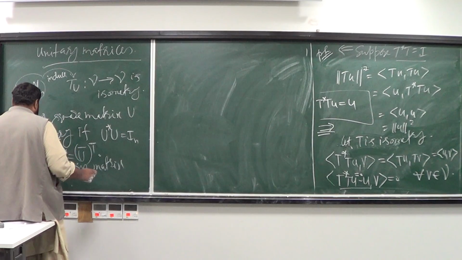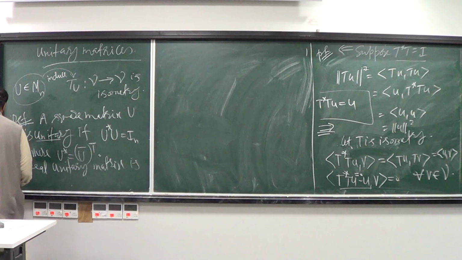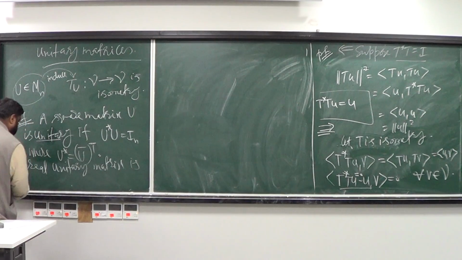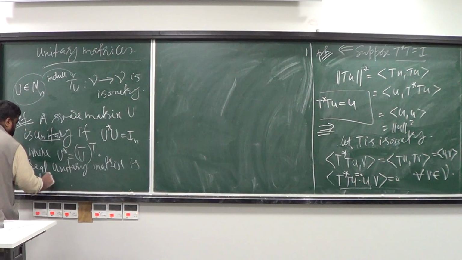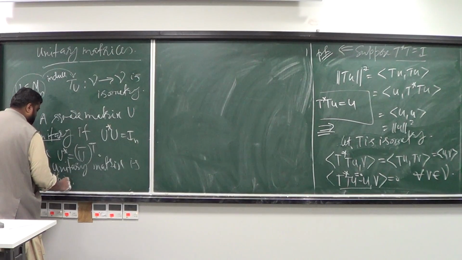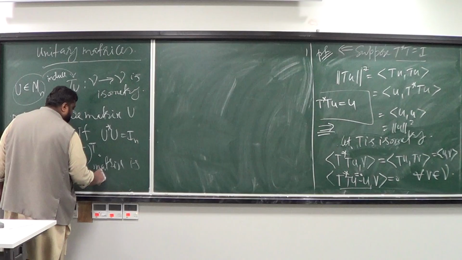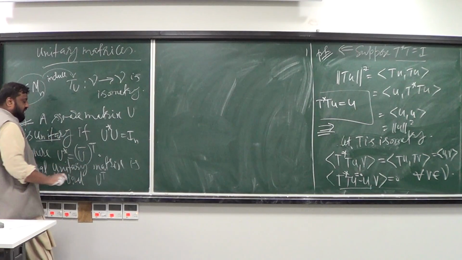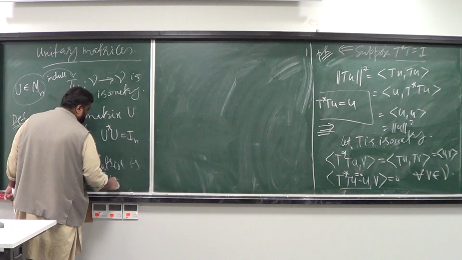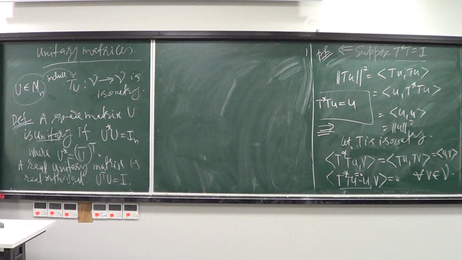A real unitary matrix is a real orthogonal matrix. And what do you mean by an orthogonal matrix? That if you take the transpose of it and multiply it with the U, you should get an identity matrix. So the transpose is like the inverse of the matrix.